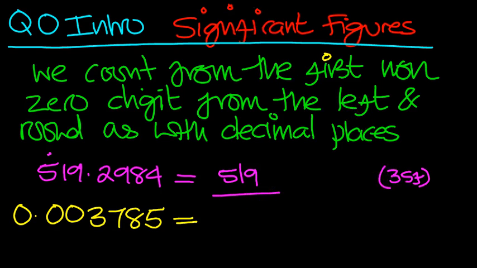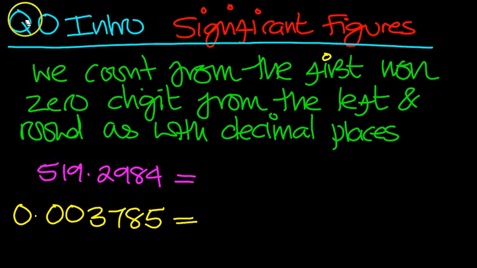Suppose we did it to 2 significant figures then. Let's have a look to 2. In this case, the first non-zero digit is 5 as before, so the second is this place here, so we're going to round here. The next digit after is a 9, which is bigger than or equal to 5, so we round the 1 up to a 2, so 5, 2.